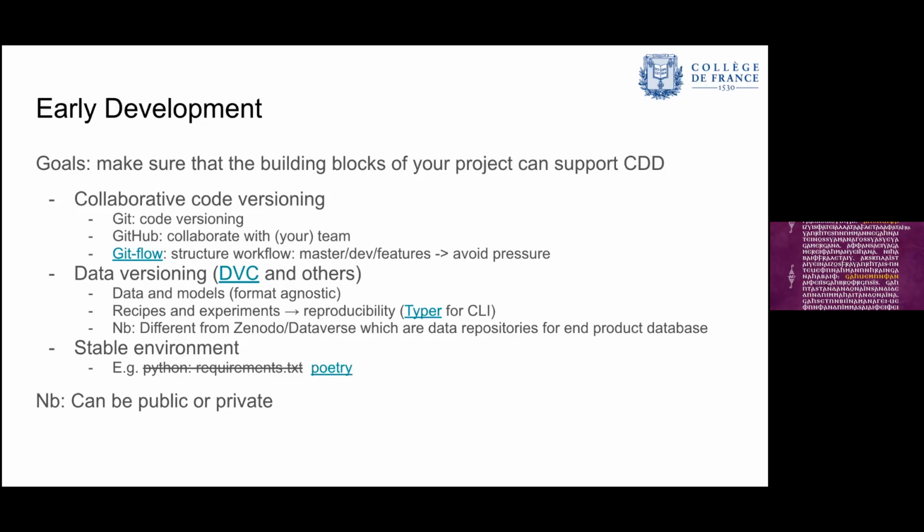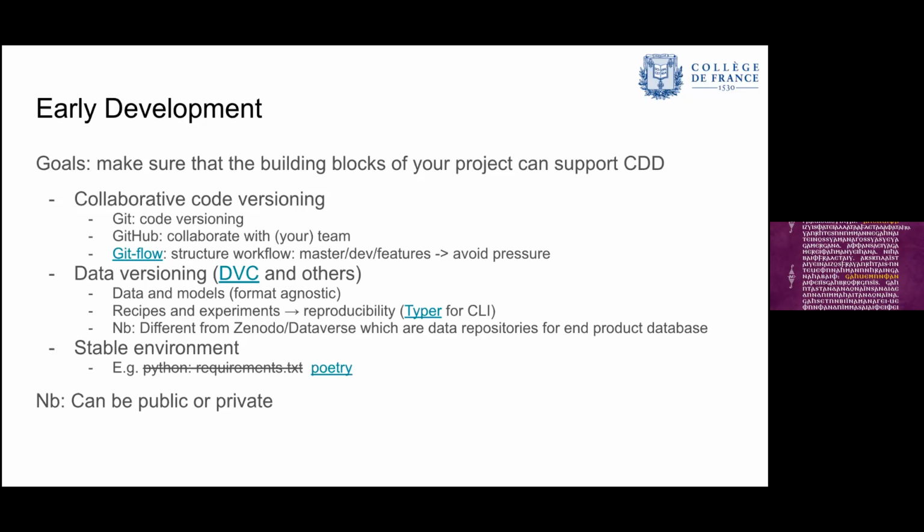Typically with Python, maybe you use R, Stata, or something else, but for Python, requirements.txt is not enough, because it only lists the first degree of dependencies, while you actually also depend on second degree and third degree dependencies.